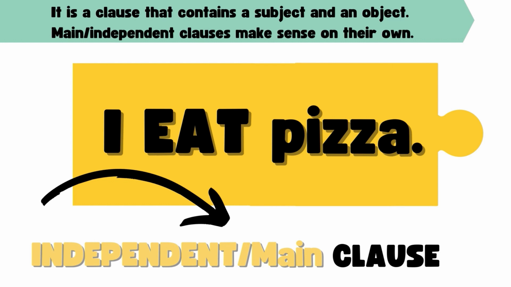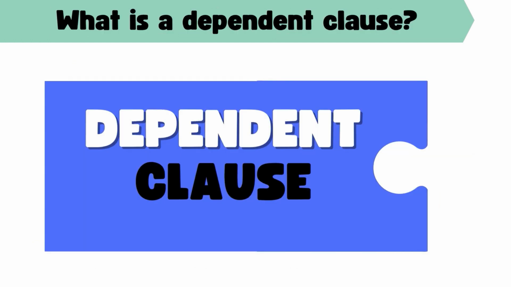I can either join it to another independent clause and make a compound sentence, or I can join it to a dependent clause and make a complex sentence. Let's take a look at how to do both types of sentences. But first, let's talk about what a dependent clause is.